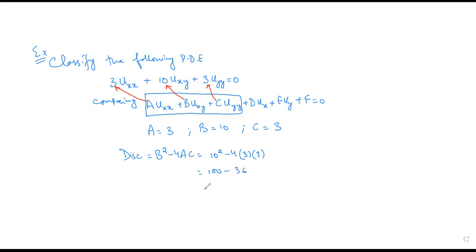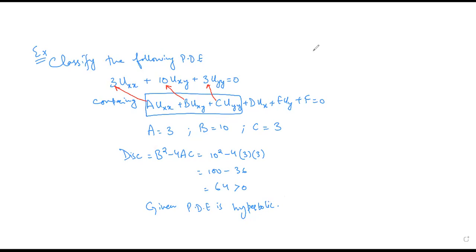The answer will be 64, that is greater than 0. For greater than 0, the given partial differential equation is hyperbolic.